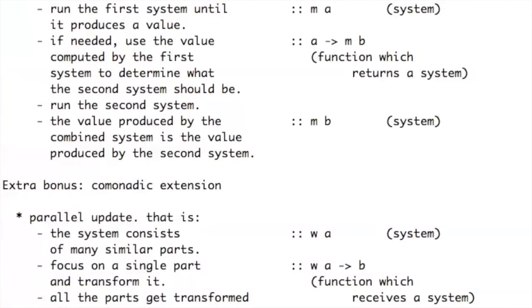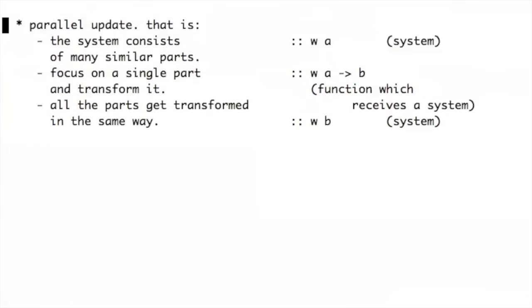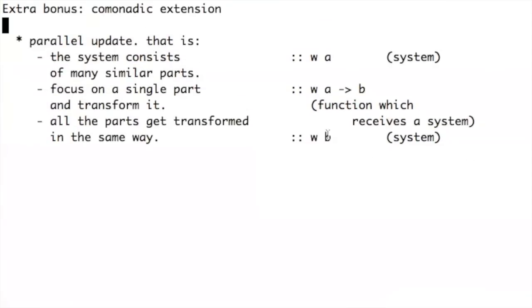And so in the comonadic extension, we also have this structure where there's a system in the first argument and the combined thing is a system, but now the second part, instead of being a function from a value to a system, the arrow is flipped, and so it goes in the other direction. It's from a system to a value. So why do we want that? What would this be useful for?